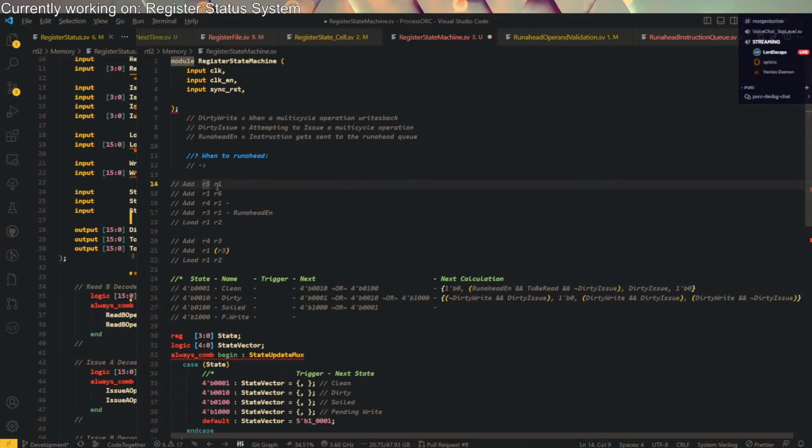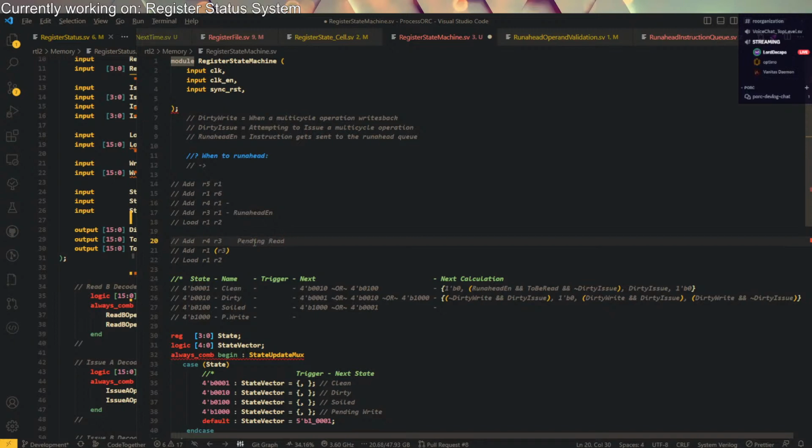So it's A plus equals B, or A equals A plus B. Oh, okay. So in this situation, R3 is marked soiled, and then on this operation, you would increase the to-be-read counter, or the pending read counter, by 1 for R3.